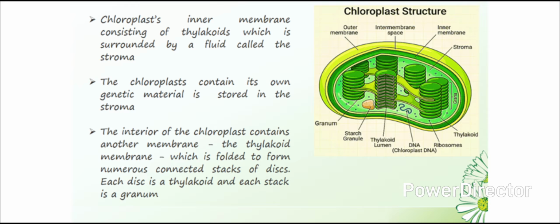The chloroplast has its own genetic material, which is separate from that of the cell, also stored in the stroma. The interior of the chloroplast contains another membrane, that is the thylakoid membrane, which is folded to form numerous connected stacks of discs. Each disc is a thylakoid and each stack is a granum.